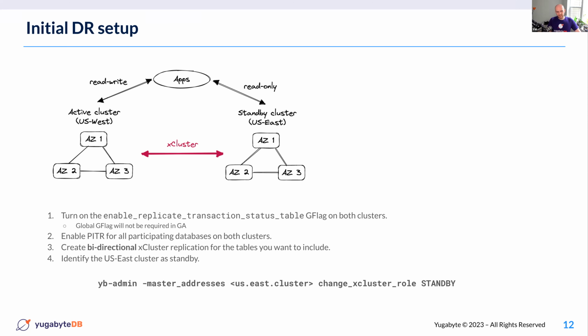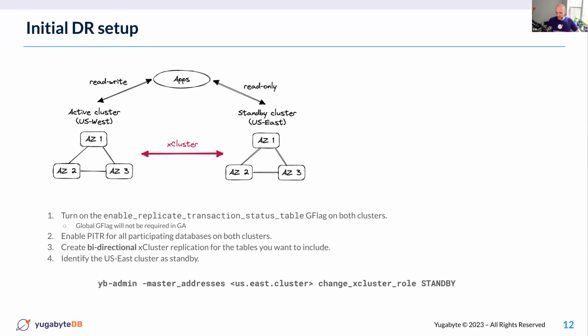When I say bidirectional, what I mean is that you set up replication from the active to standby and from standby to active. However, we always assume that updates only go to the active cluster. The active cluster accepts read-write workloads, while the standby cluster accepts read-only workloads. So there are no conflicts. It's still active-passive replication, but you need to have xCluster set up both ways for failover workflows.